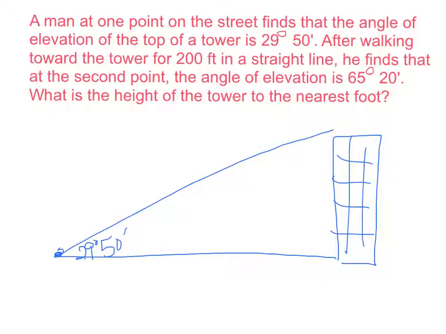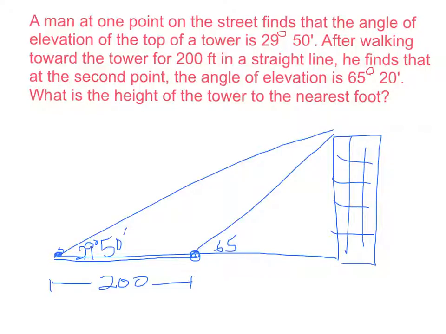Then he starts walking horizontally to a certain point, and this distance is 200 feet. Then he finds at the second point the angle of elevation is 65 degrees 20 minutes. What is the height of the tower to the nearest foot? So obviously that's the height of the tower.